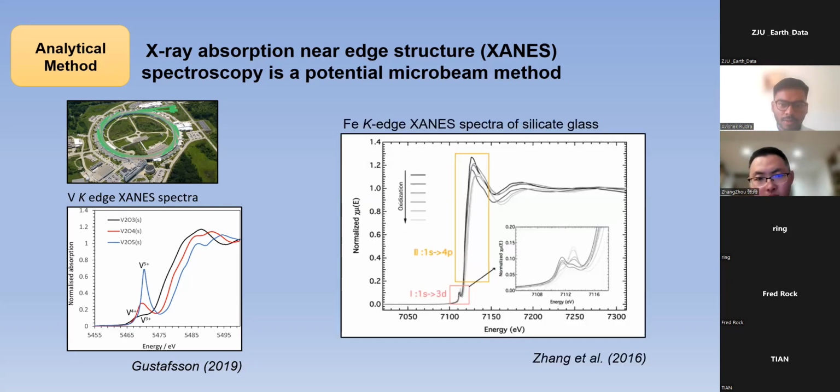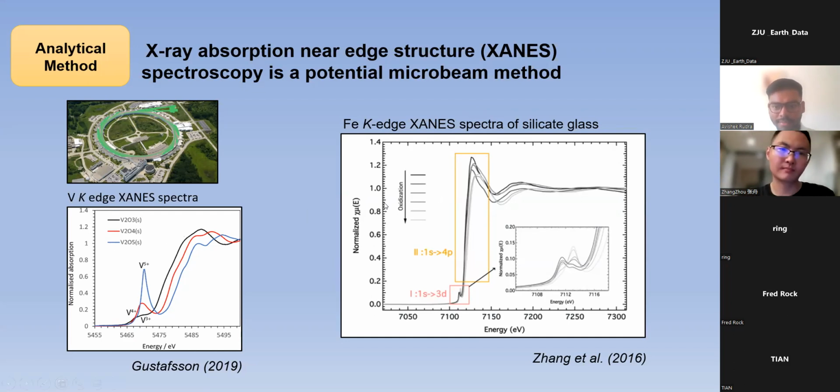This has been very well developed, for example, for silicate glasses. It is a very well developed technique to measure ferric iron in silicate glasses, where you use this part of the spectra, which is called the pre-edge, and then fit Gaussian curves to these regions and extract the centroid energy, which then correlates with the amount of ferric iron you have in the system.